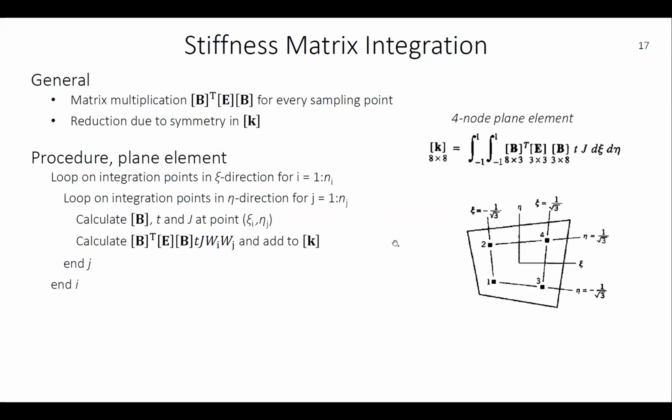So this seems a little bit time consuming, but typically it takes very short time in most commercial software, owing to the fact that this Gauss quadrature method is relatively, or very, efficient.